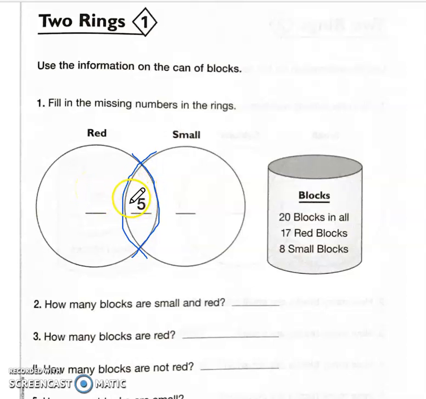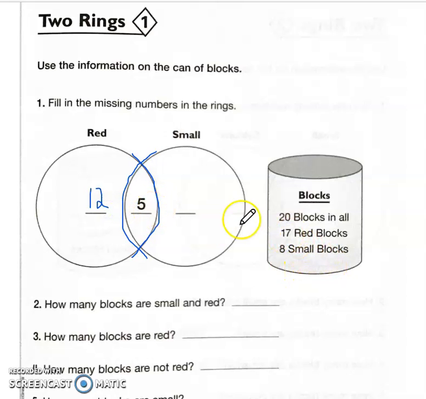So basically, we're going to be taking away that 5 from our 17 red. So can you figure that out? If we took 5 away from 17, what would that give us? Did you figure it out? That would be 12, because 12 plus 5 equals 17.